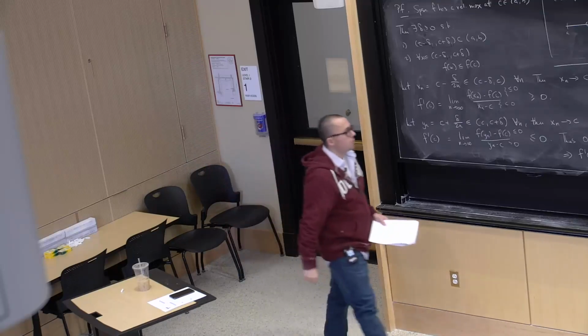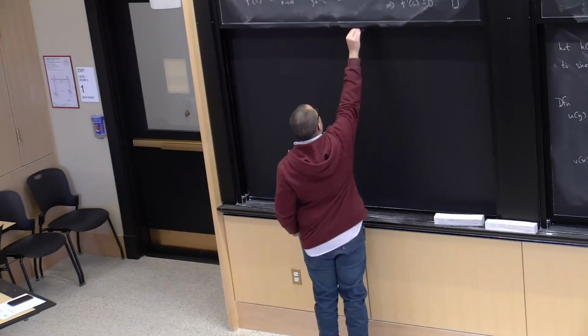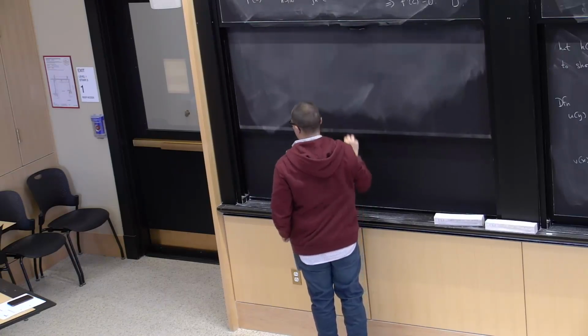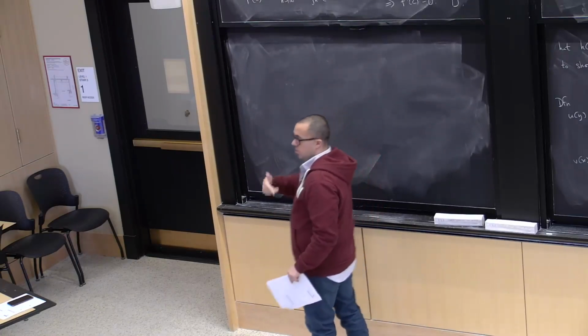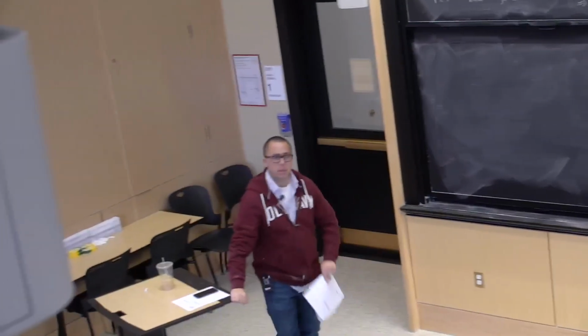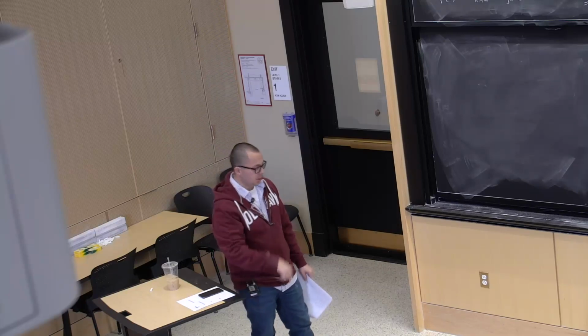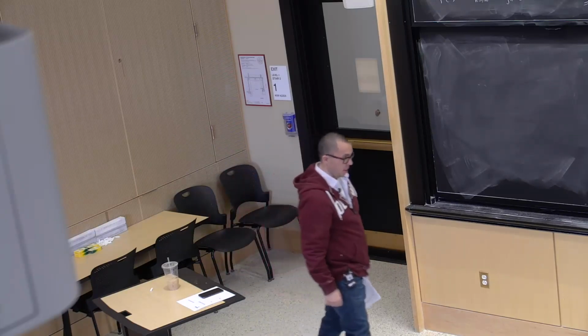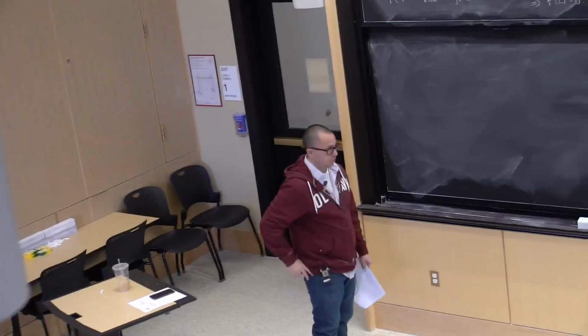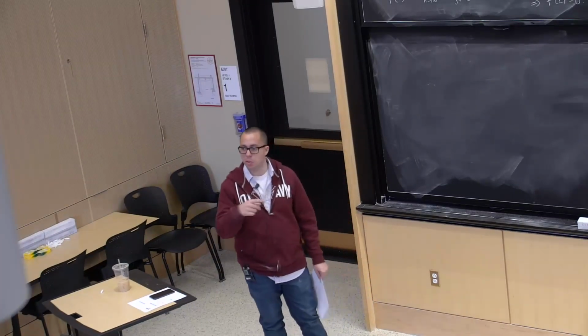Okay? So, at a point where we have a relative minimum strictly inside the interval, the derivative must be 0. Okay? And the fact that it happens strictly inside the interval is important, right? This is not necessarily true if the relative max or relative min happens at an endpoint, right?